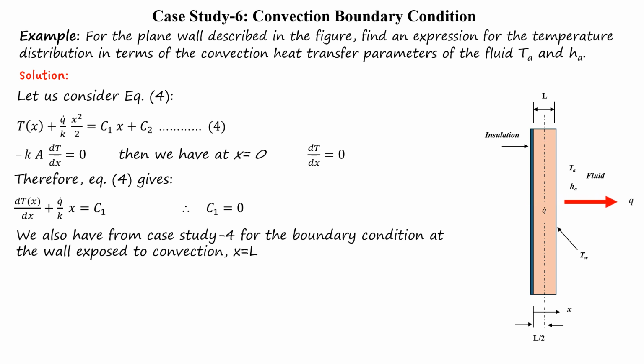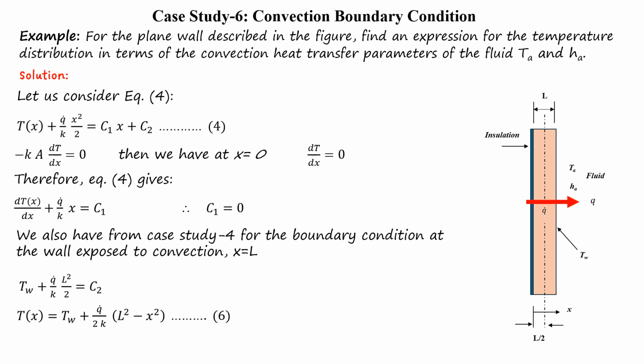If we consider the boundary condition at x equal to L, and let the temperature there be T sub W, then c2 equals T wall plus q dot divided by k times L squared divided by 2.